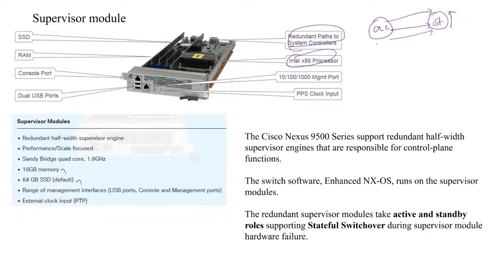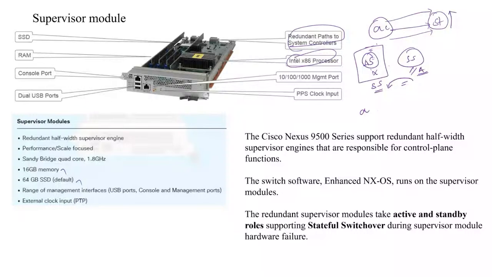That is what is happening on the failure of the active supervisor. This is called a stateful switchover. It provides high availability.